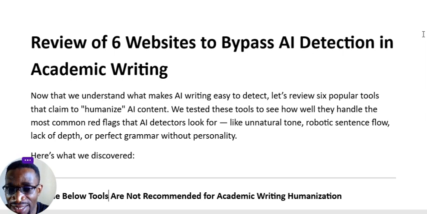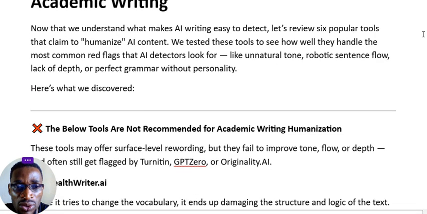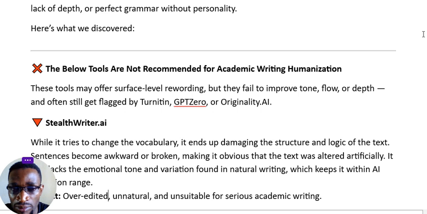We have tested these tools and we have reviewed them. We have tested them to see why and how their content is being flagged by AI detectors. We've tested them across things like unnatural tone, robotic sentence flow, lack of depth, perfect grammar without personality, and many other criteria that we have discussed above. So here's what we discovered.